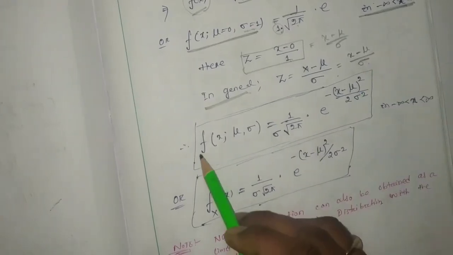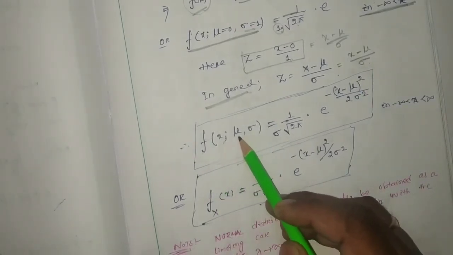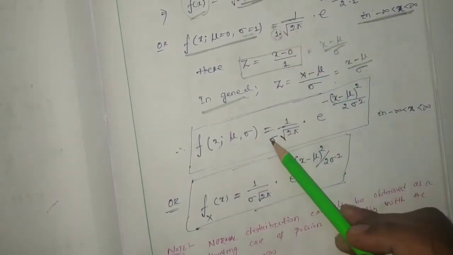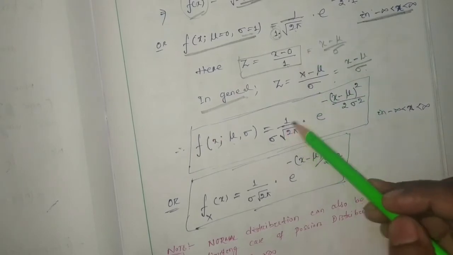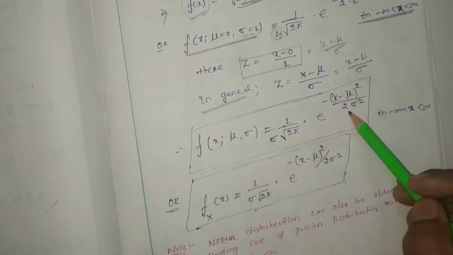So f of x such that mu, sigma will be equal to, instead of 1 we write sigma, 1 by sigma root over 2 pi into e to the minus x minus mu whole square by 2 sigma square, for x from minus infinity to infinity.